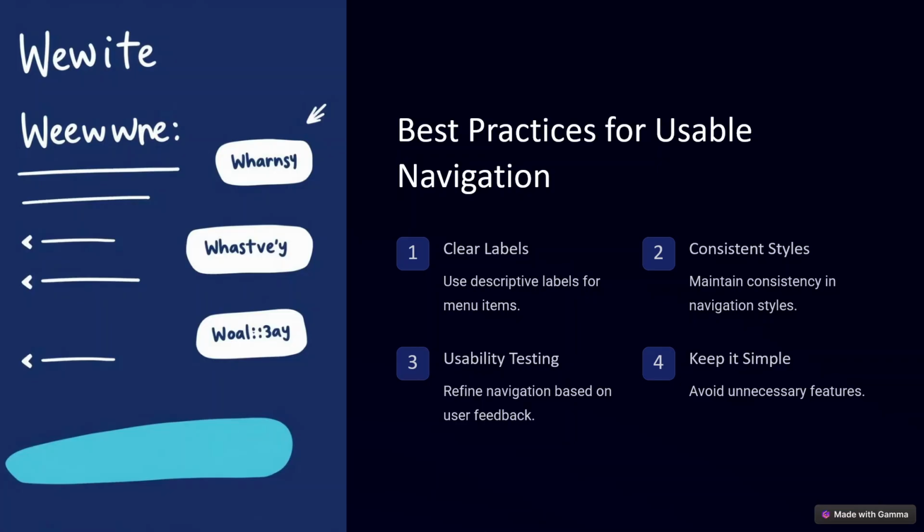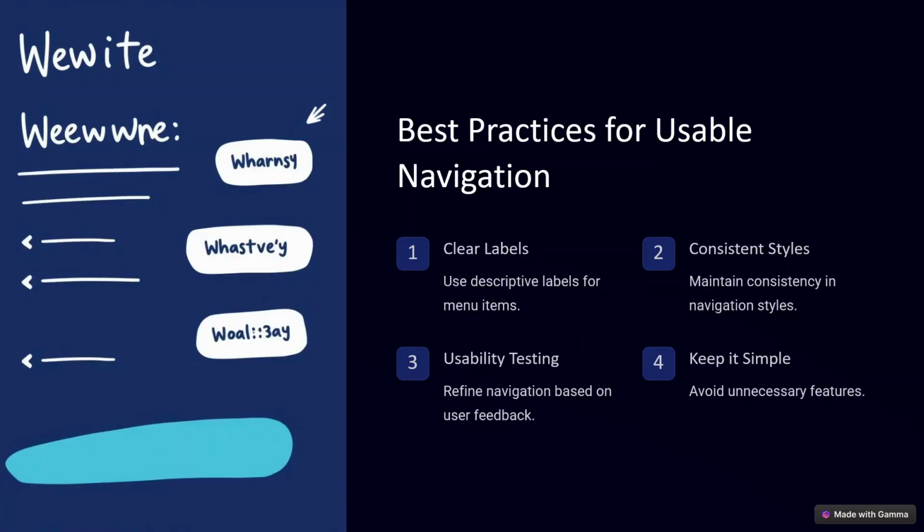Some best practices for usable navigation systems are: use descriptive labels for menu items; consistent styles that maintain consistency in navigation; usability testing that refines the navigation based on user feedback; and keep it simple to avoid unnecessary features.